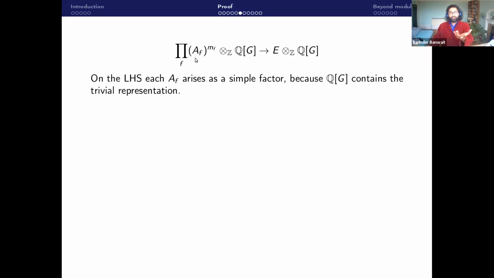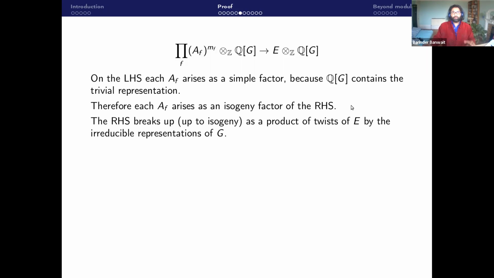So this is going to contain each of the A_f up to isogeny. We are technically working in the category of abelian varieties up to isogeny here, which is sufficient for our purposes. So in particular, A_f can be identified with a simple factor on the right-hand side.